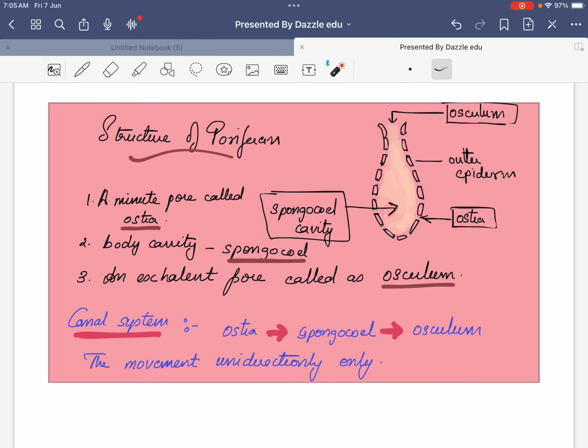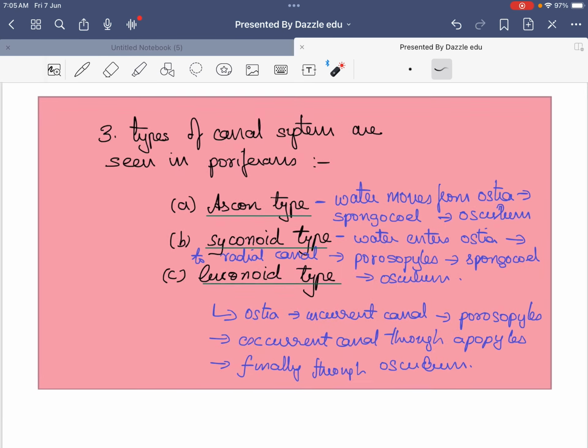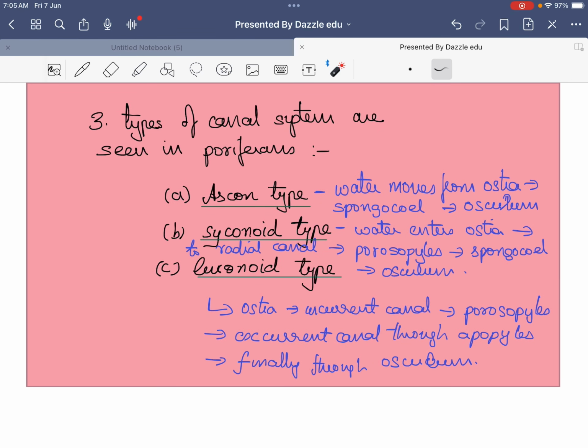Depending upon the pattern of flow of material, the canal system is divided into three types. The simple canal system, as we just mentioned, from ostia to spongiocoel to the osculum, we call the ascon type. Sycon type has a more complex form where from the ostia the material has to enter a radial canal called prosopyles, and then the spongiocoel, and finally the outer opening, the osculum.